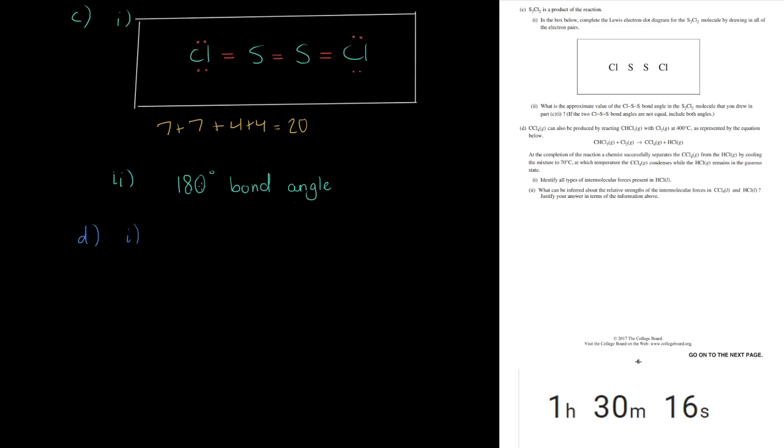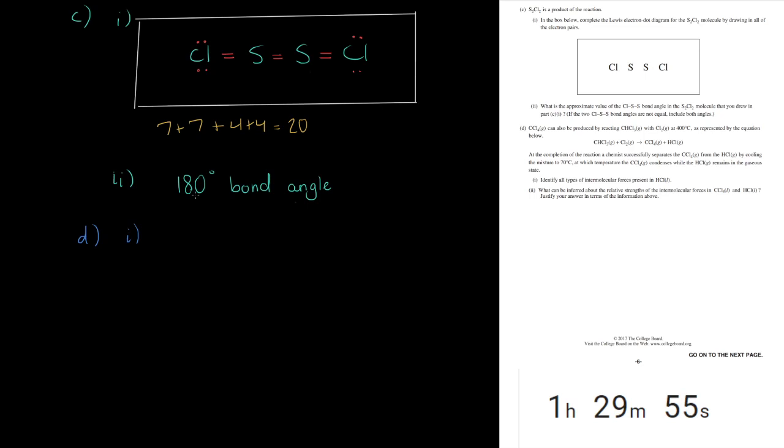all types of intermolecular forces present in HCl liquid. Okay. So we're essentially going to be explaining why the HCl gas has such high intermolecular forces that when you cool it down, it's going to, oh, interesting.